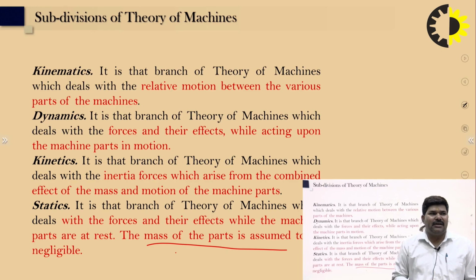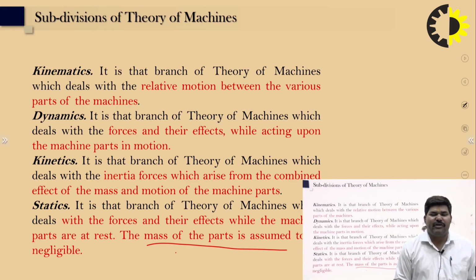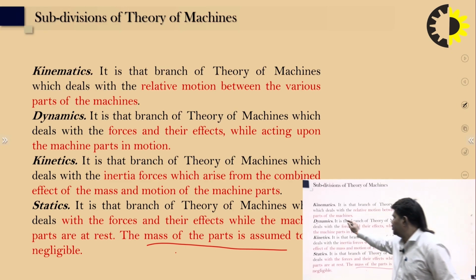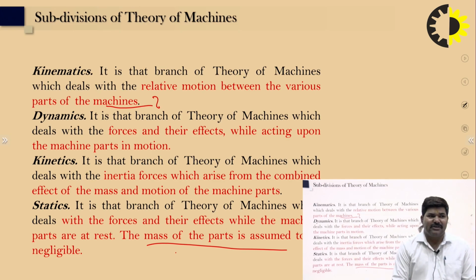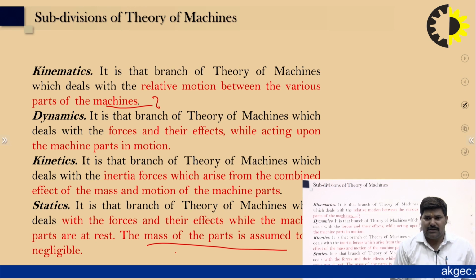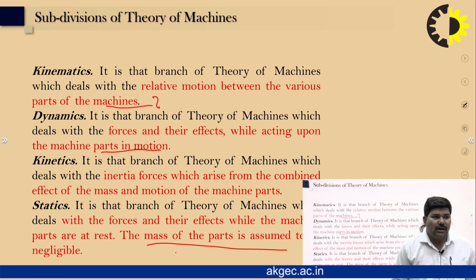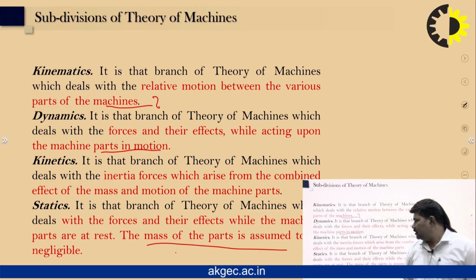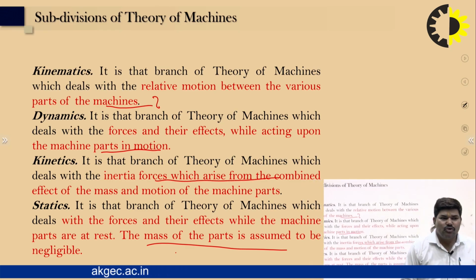So, we summarize that kinematics deals with the relative motion between the various parts of the machine. Dynamics deals with the forces acting upon the machine parts in motion. Kinetics deals with the inertia forces which arise from the combined effect of mass and motion of the machine part.